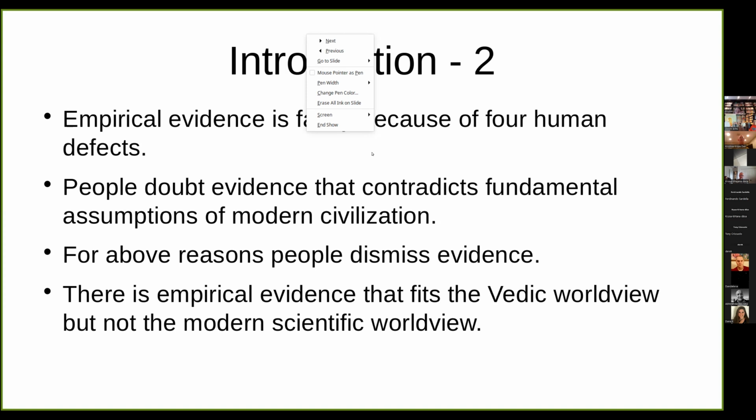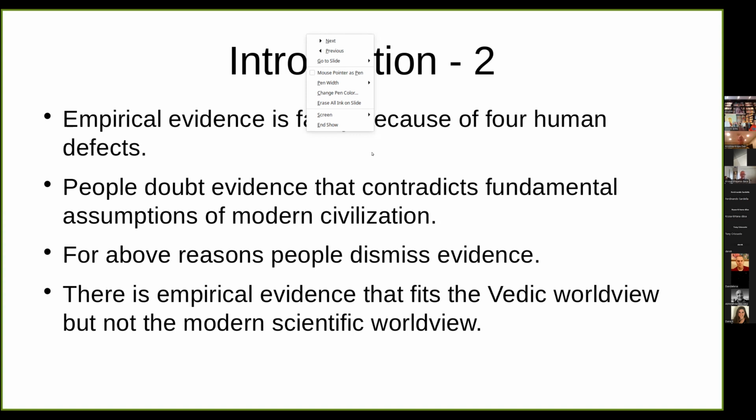And so for these two reasons, because empirical evidence is defective anyway, and because this particular class of evidence is so completely contrary to the whole worldview, people dismiss the kind of evidence which Sadaputa is going to talk about in this chapter.